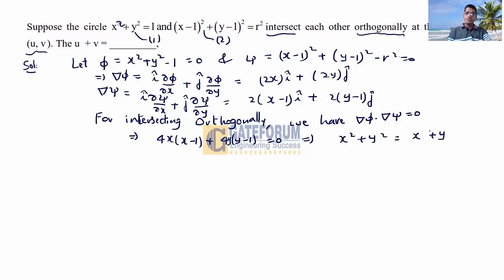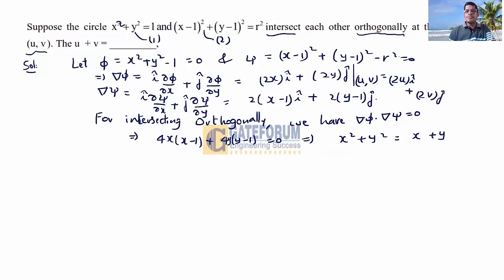Okay. Now, this (u, v) is the point of intersection of the two curves. Am I correct or not? So, you can substitute here directly. At (u, v), the point of intersection, you will be getting 2u i cap plus 2v j cap.